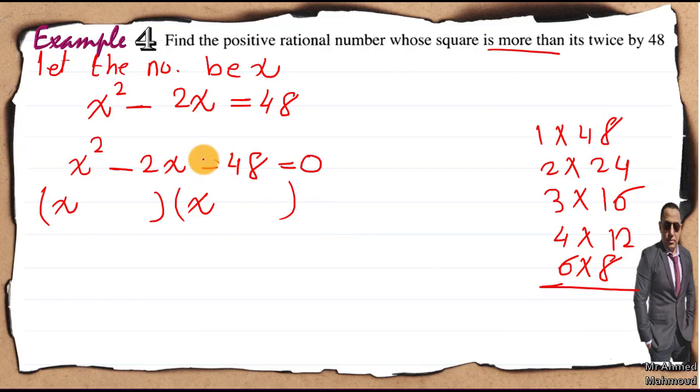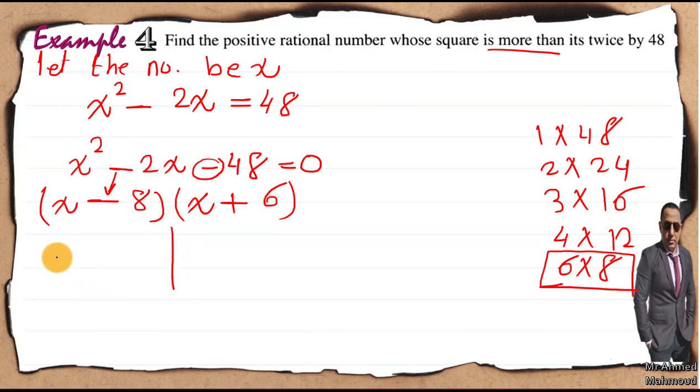I need two numbers, the difference between them is 2, so I'm going to choose 6 and 8. Because this sign is negative, I'm going to write two different signs, negative and positive. And I will give the middle sign to the greater. Okay, here the greater is here besides the middle sign, and the smaller is here.